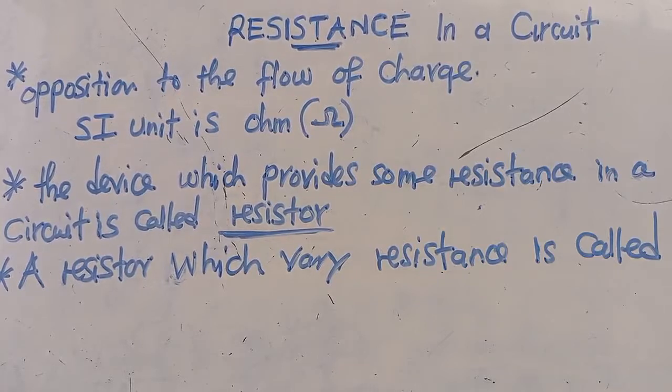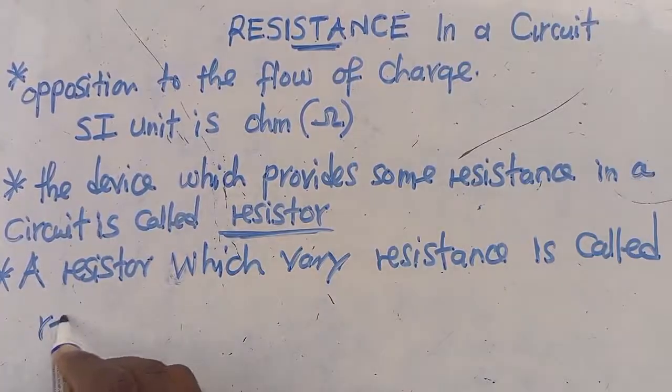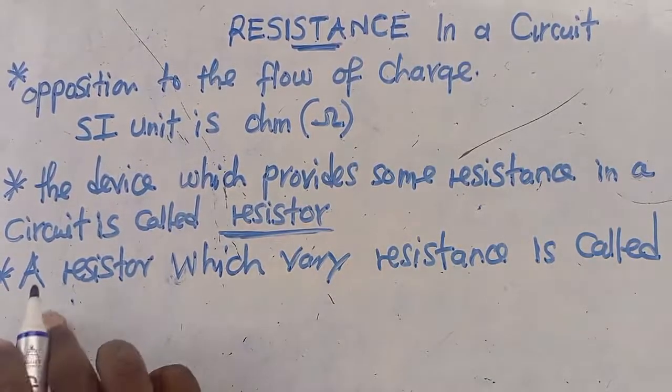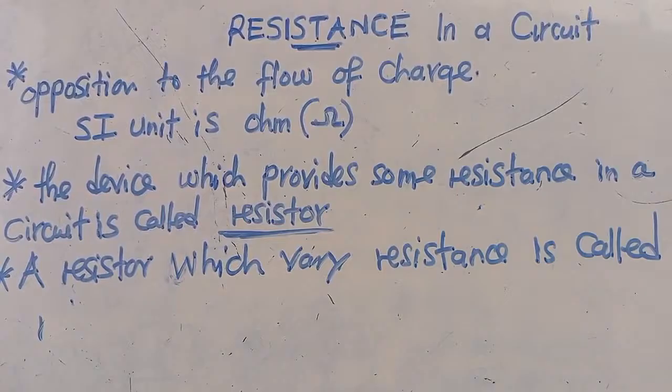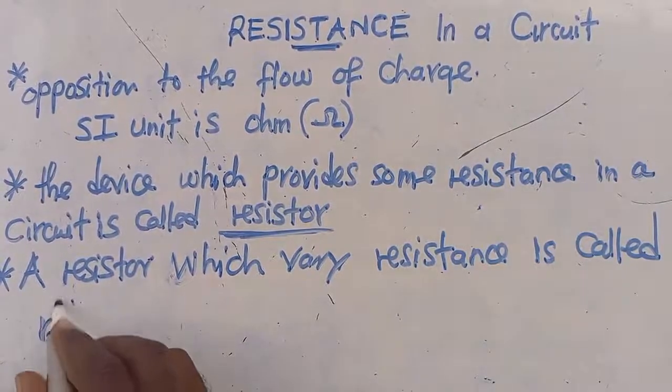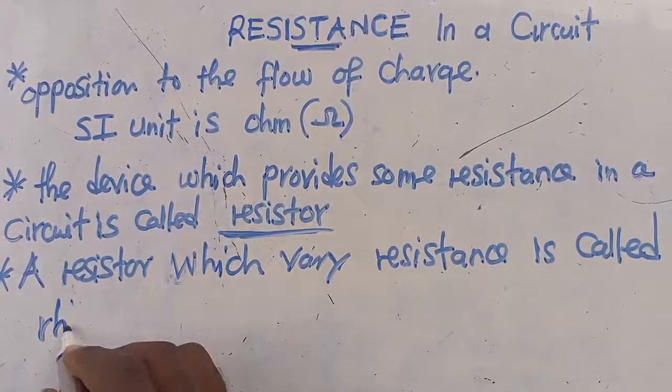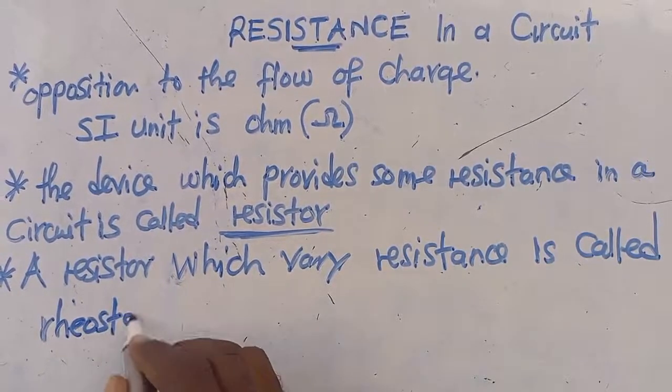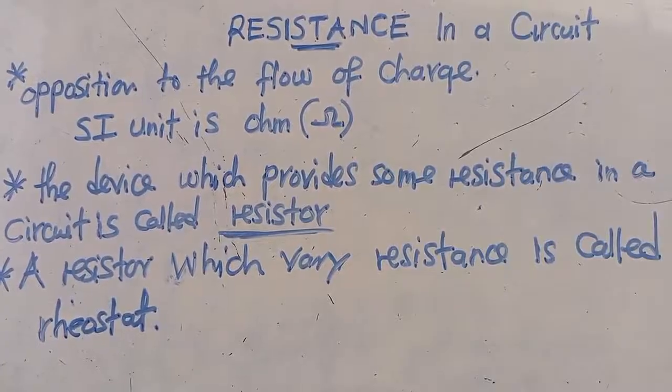The name is rheostat. So we call it by that. A resistor which varies resistance in a circuit is called a rheostat. That is a name that you have to understand.